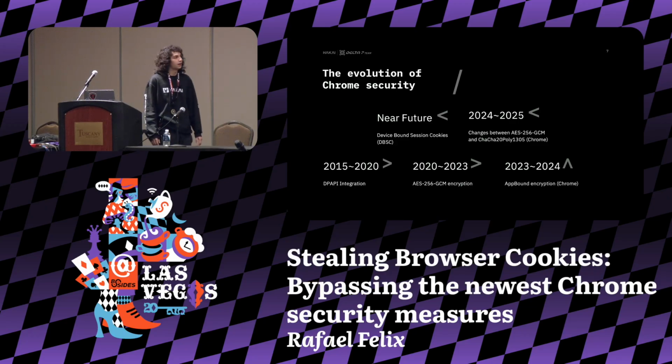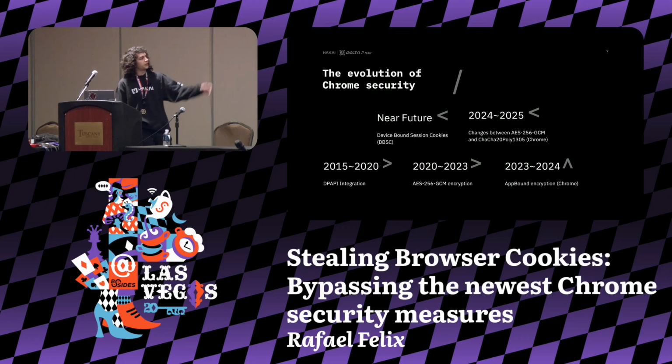From 2024 to 2025, we have some changes from AES-256 GCM to ChaCha20-Poly1305, which is an encryption method used especially on blockchain, I think. I don't know why they implemented that one. Maybe because it's more optimized or something like that. But yeah, they changed the key and the algorithm in 2024 to 2025.